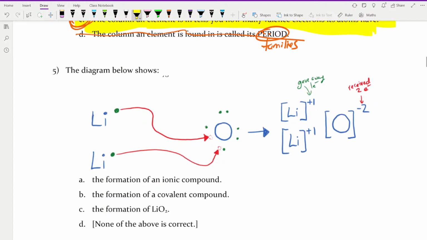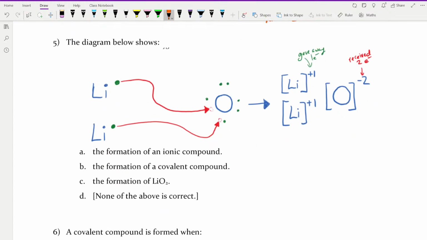Good. In this diagram, we have lithium giving away its electrons to oxygen, forming an ionic bond. Note, the main reason this is here is that it shows you how to draw Lewis diagrams.